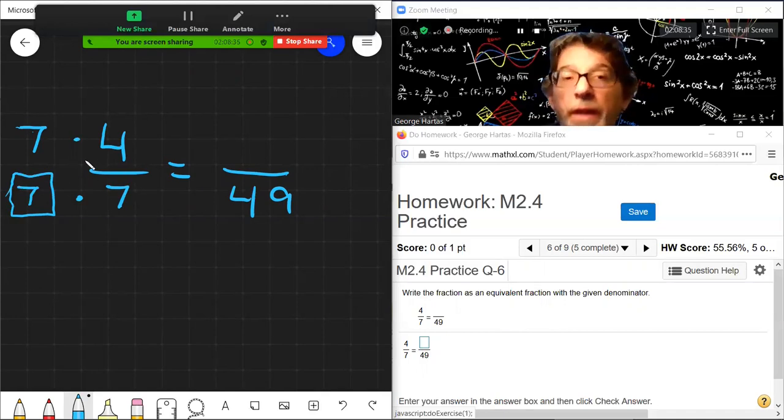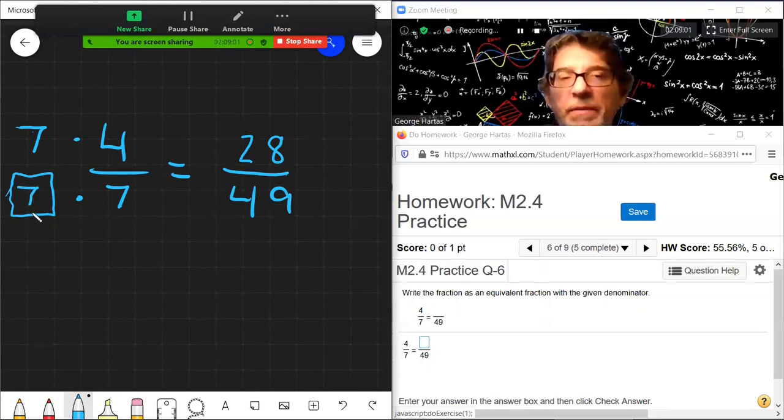So then what we've got to do is simply multiply. 7 times 4 is 28. That's what goes here. 28 goes here. So we looked at the denominators and we asked ourselves, what number times 7 is 49? And we said 7.